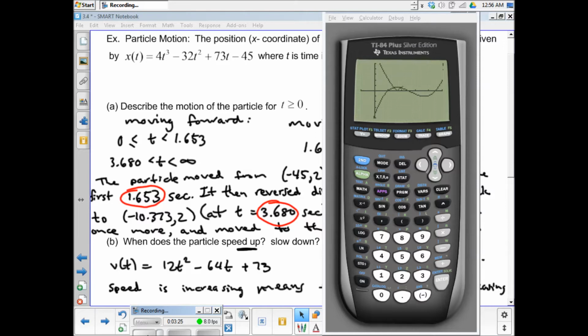And here it's graphing my speed graph. Okay, so where is the speed increasing? Well, the speed is increasing on these two intervals, right in here and here. Okay, so I'm going to have to find those points.